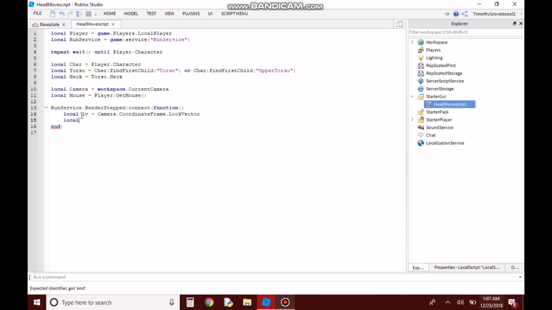And we're also going to want to get the normal vector, which is the look vector of the torso. So torso.cFrame.lookVector. Alright, so now that we have these two vectors, I'll explain the math behind them right now.